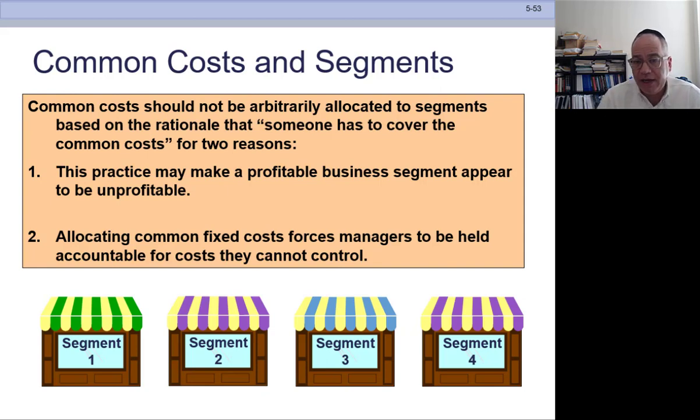Misallocating costs is going to make profitable segments look unprofitable, or unprofitable segments look profitable. It's going to hold people accountable for things they have no control over, or not hold them accountable for things they do have control over. Therefore, you want to be very careful about how you allocate the costs to individual segments.